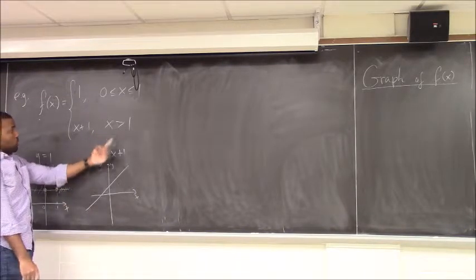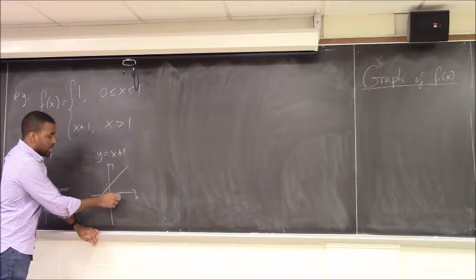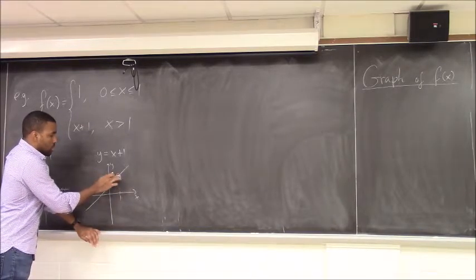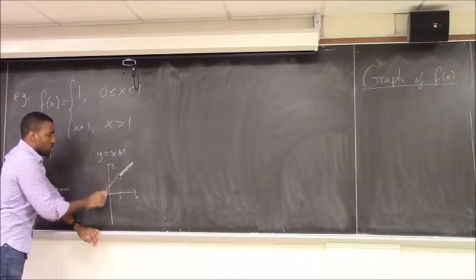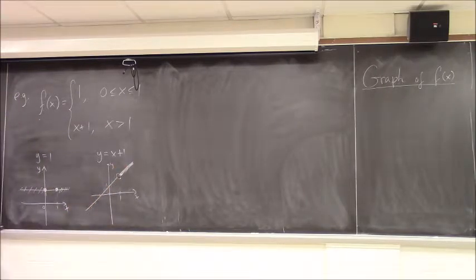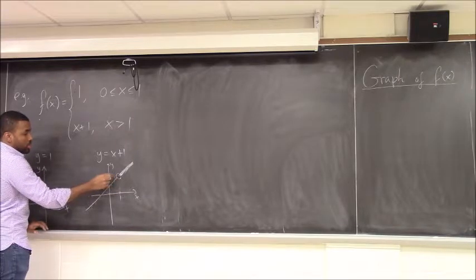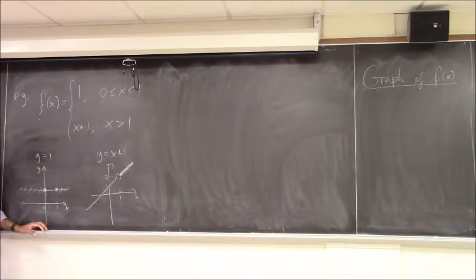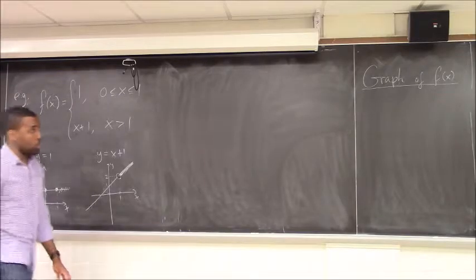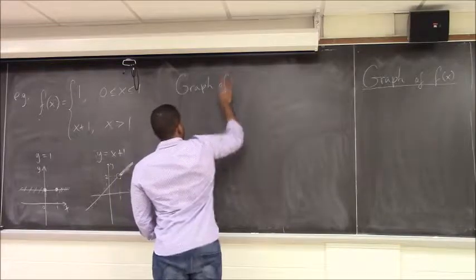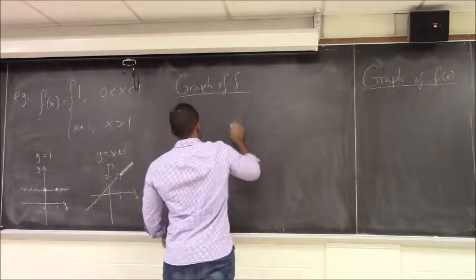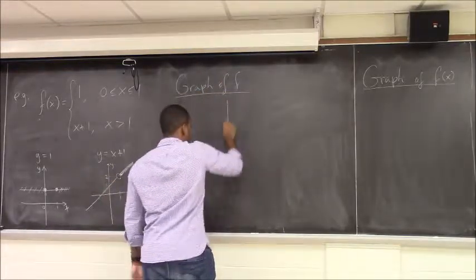Similarly here, this one works for strictly bigger than 1, so I identify 1, create a hole, and I care about this side, and I ignore that side. Notice that at this point, my y value would be 2, right? And so for a piecewise function, what you do now is you draw both of these on the same axis.